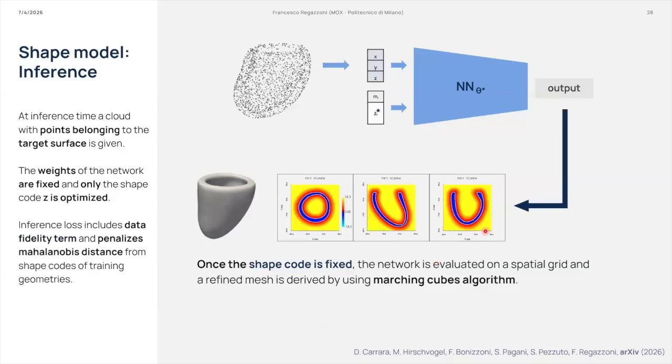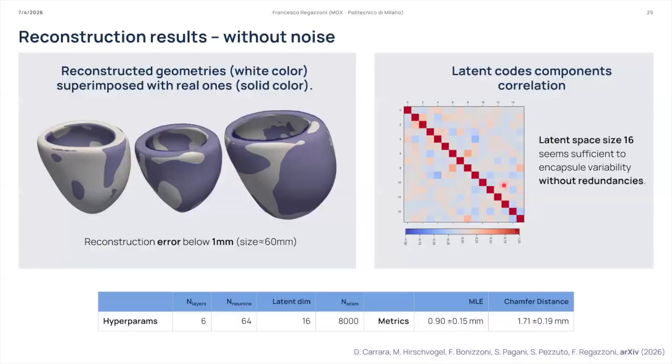And the next feature is that once the inference problem has been solved, then we can evaluate the signed distance function in all the points of the domain, so we can recover the geometry as the zero-level set of the signed distance function. We can run the marching cubes algorithm to construct meshes that can be used, for instance, in finite element analysis.